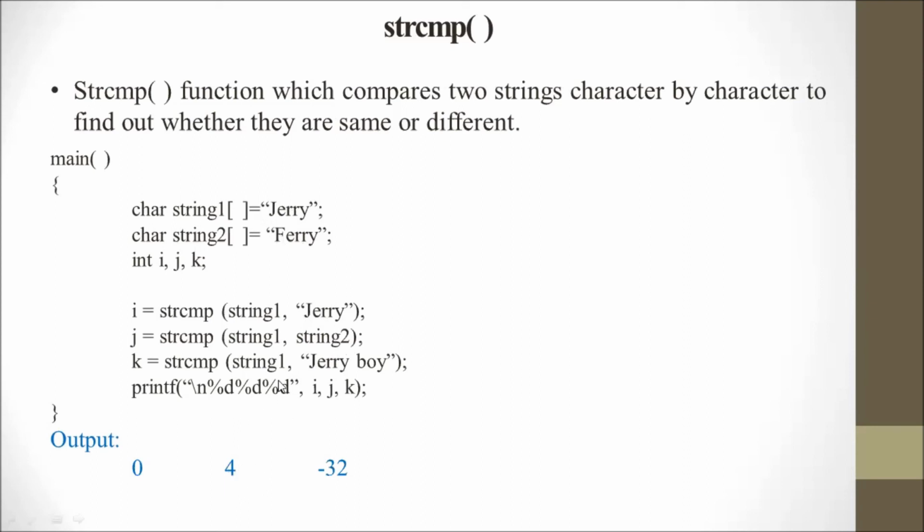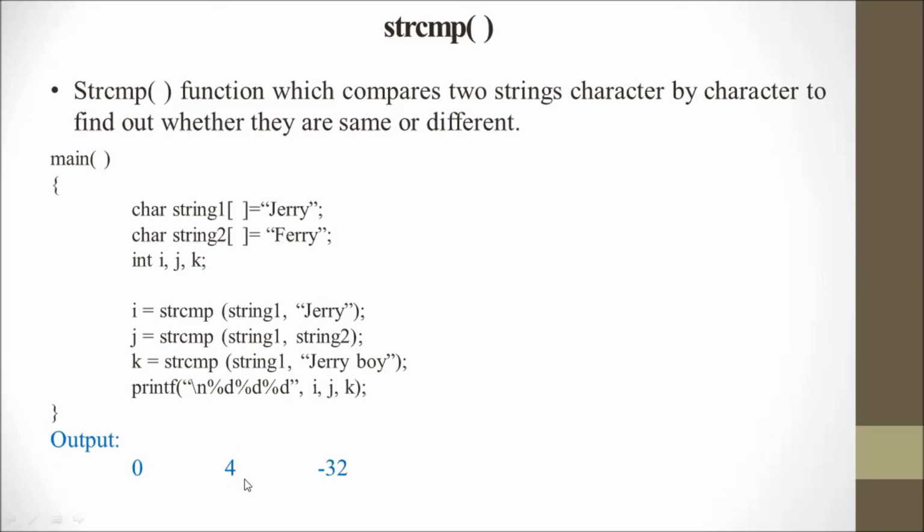So in the first string comparison, Jerry is the same, so there is no difference and this will print the zero value. In string 2, the difference is between the J and F characters, so this will print the ASCII value.